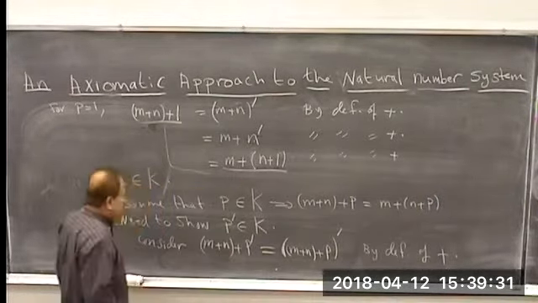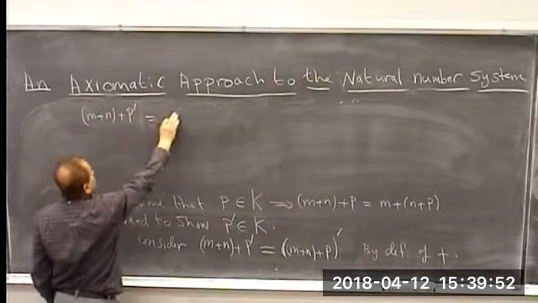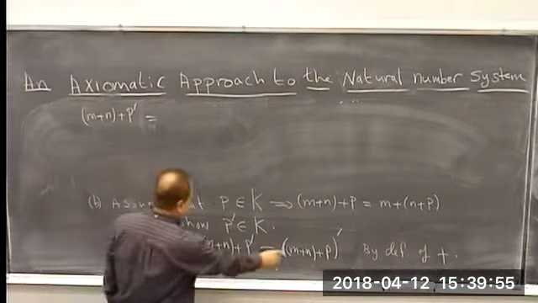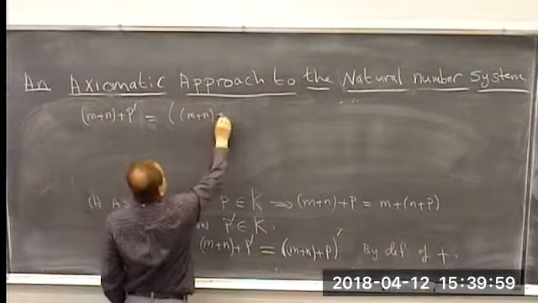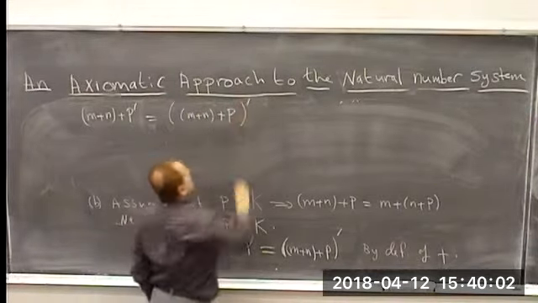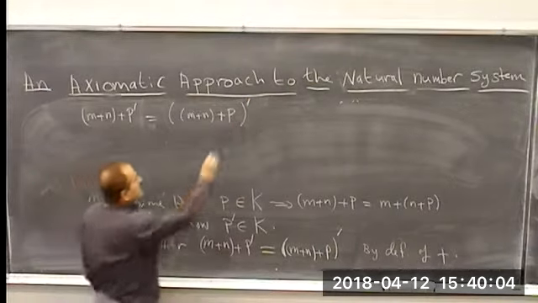Then we can now use the induction hypothesis, or what we are assuming. So I want to continue with this. So this is the left side in here. So far we know that this is equal to M plus N plus P, and we have the successor.